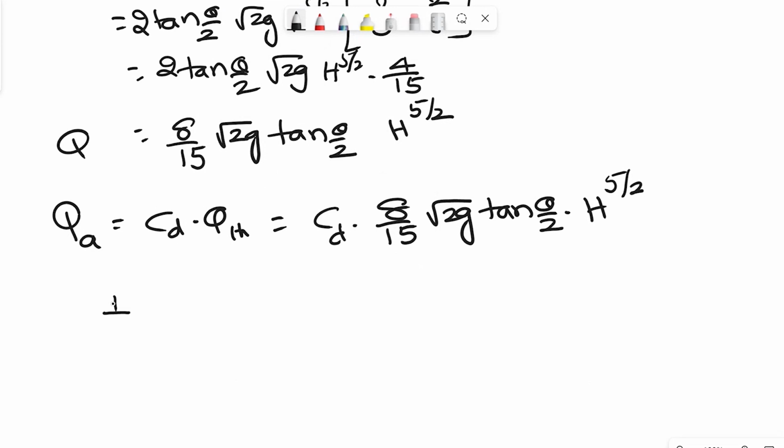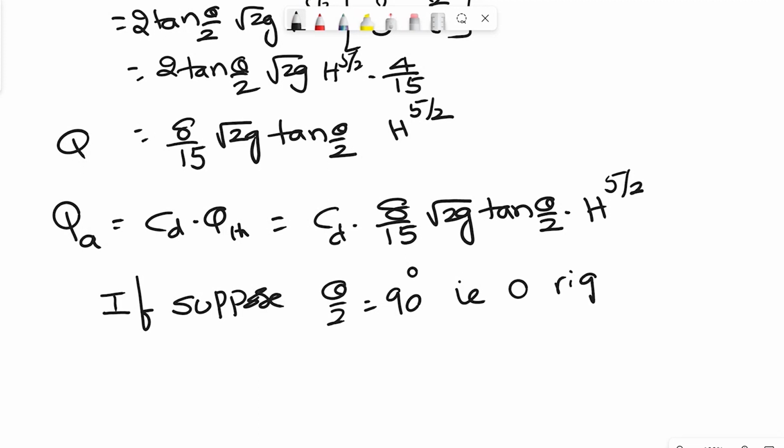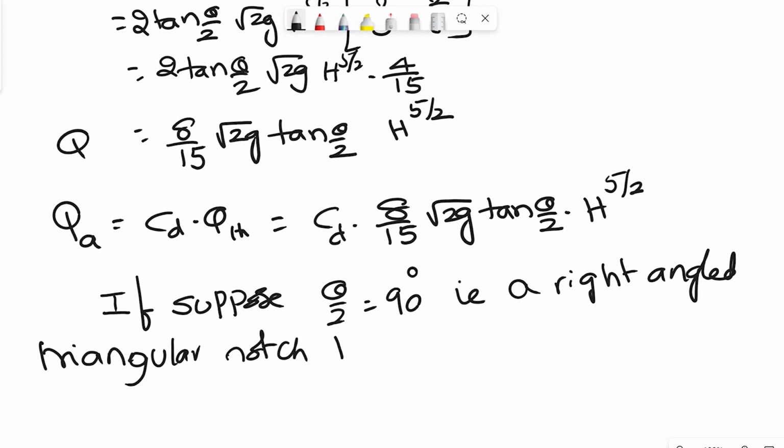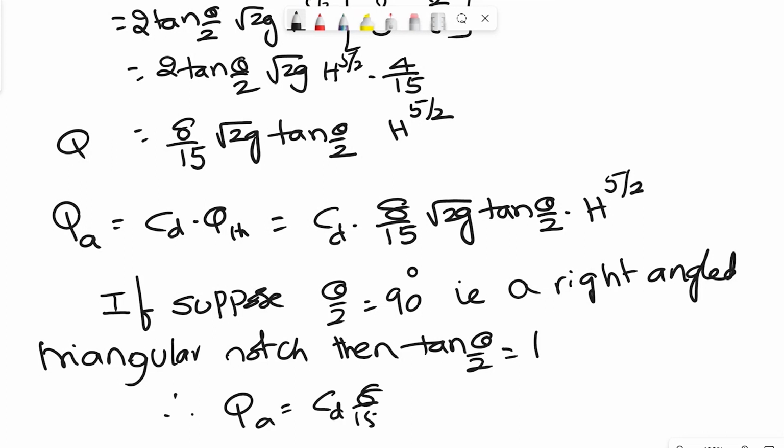If theta by 2 is equal to 90 degrees, that is a right angled triangular notch, then tan theta by 2 is equal to 1. Therefore Q is equal to CD 8 by 15 root 2g H to the power of 5 by 2. It is a right angled V notch.